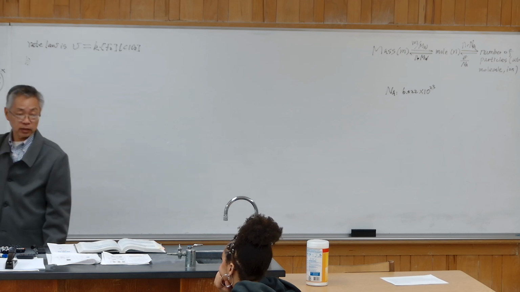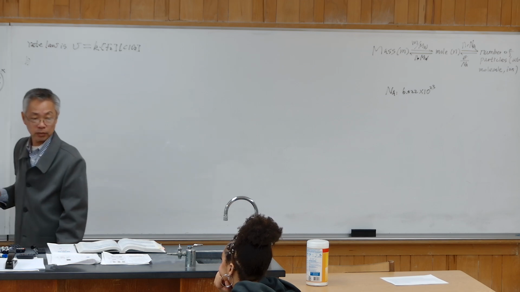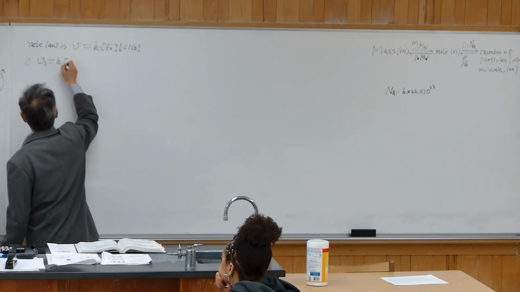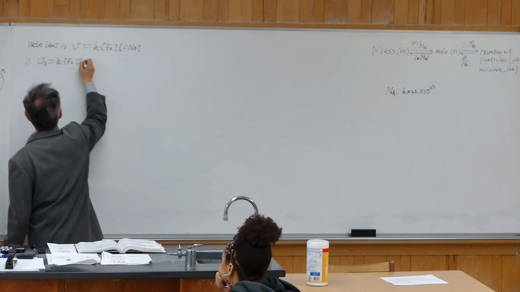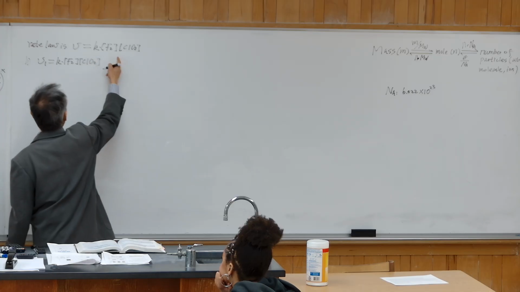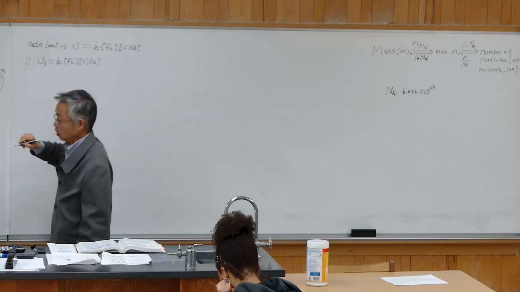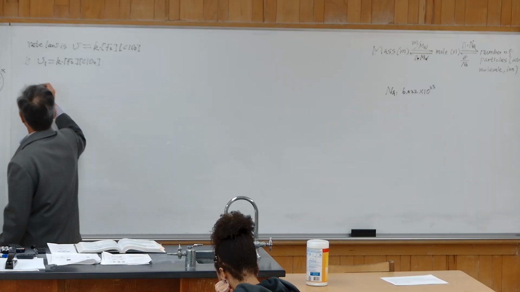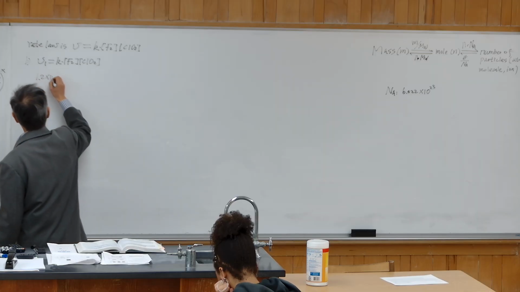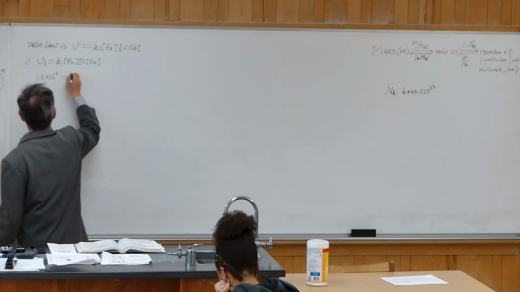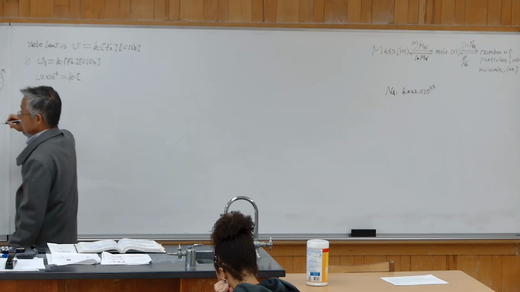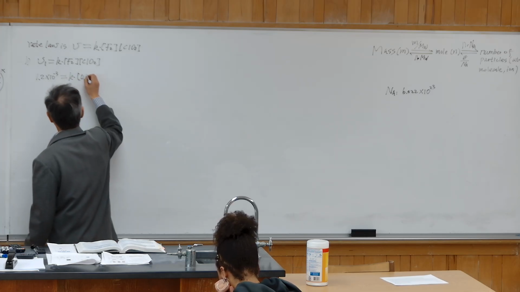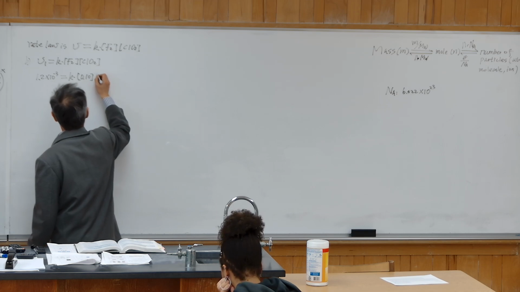any experiment data. Let's pick experiment 1. So V1 equals k times F2 and ClO2, right? This is the rate law. And what is V1 value? 1.2 according to this table. It's 1.2 times 10 to the negative third. F2 is 0.1, right? Just take a look at table 14.1.